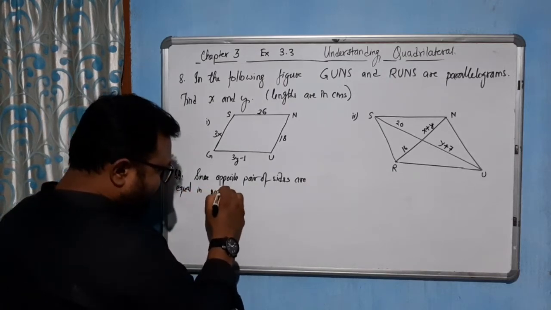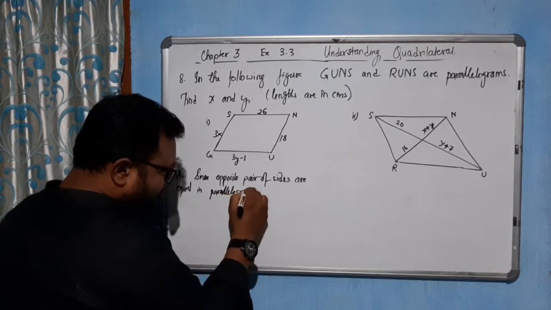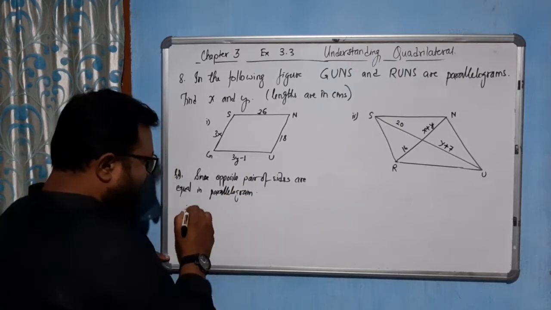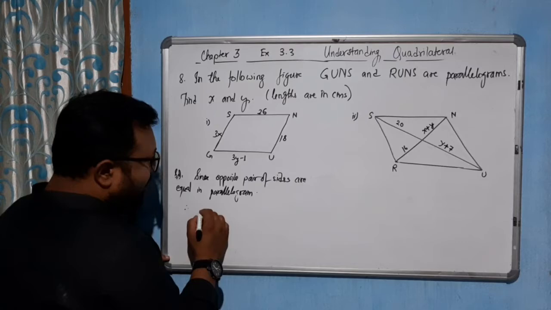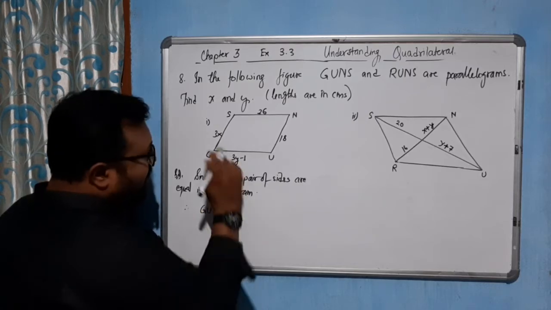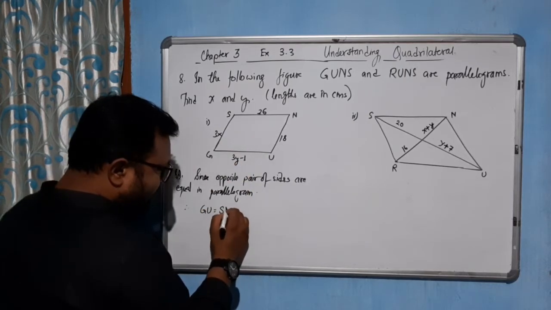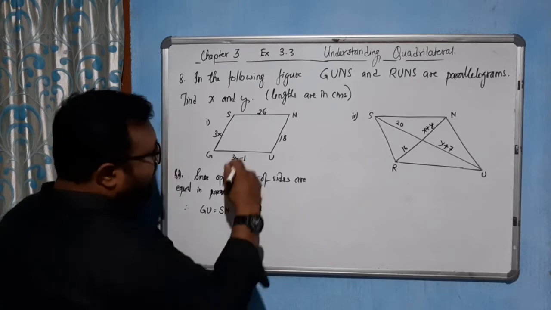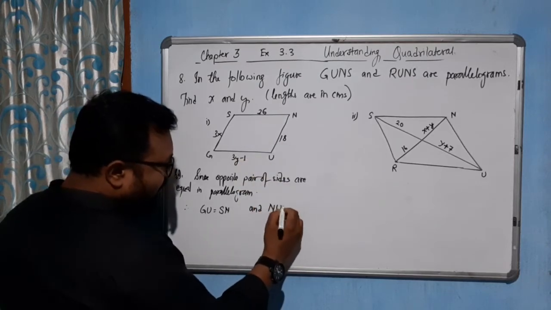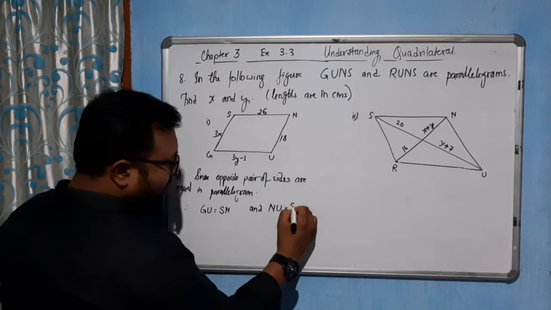Therefore, simply we'll write GU equal to SN and NU equal to SG.